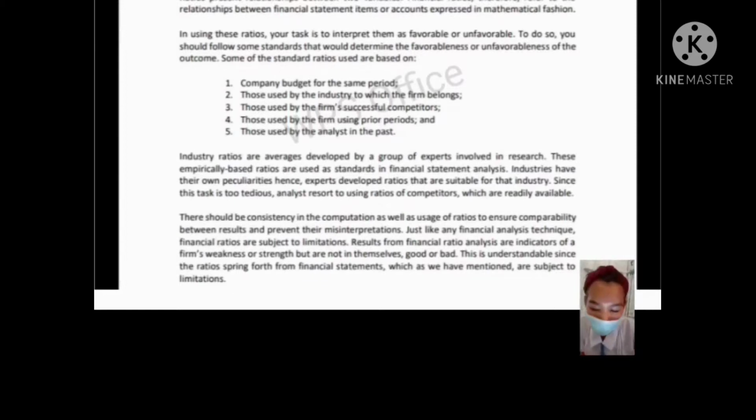Just like any financial analysis technique, financial ratios are subject to limitation. Results from financial ratio analysis are indicators of a firm's weaknesses or strengths but are not in themselves good or bad. This is understandable since the ratios spring forth from financial statements, which, as we have mentioned, are subject to limitation.